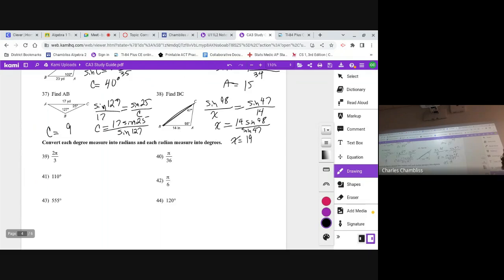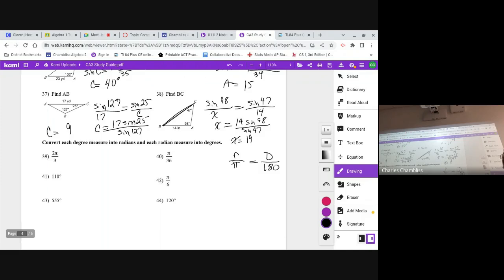Degrees to radians, it's radians over pi equals degrees over 180. And keep in mind, if there's a pi in it, don't use it in the calculator. Just kind of ignore it.